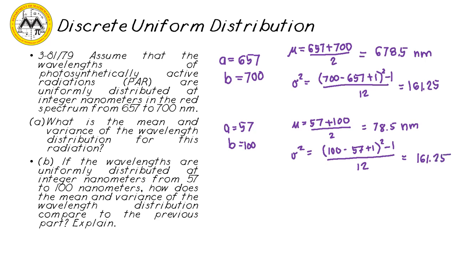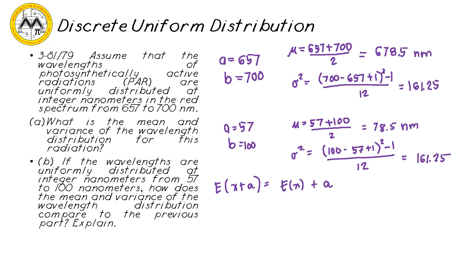So observe that it follows the rule of expectations such that the expected value of x plus a is equal to the expected value of x plus a, since the expected value of a is a.